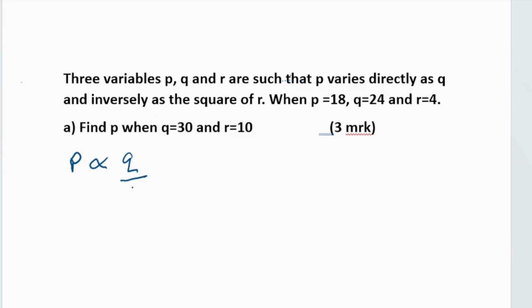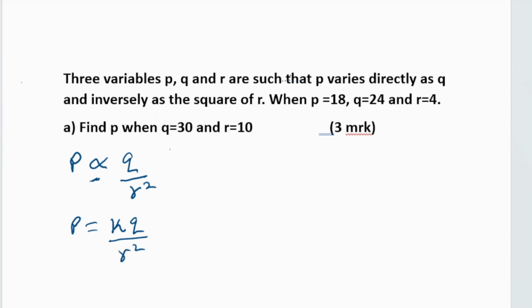Therefore, if we introduce an equal sign at this point, you introduce a constant k. You can use any other letter, c or even j or u, to represent a constant. So p is equal to k, q over r squared.